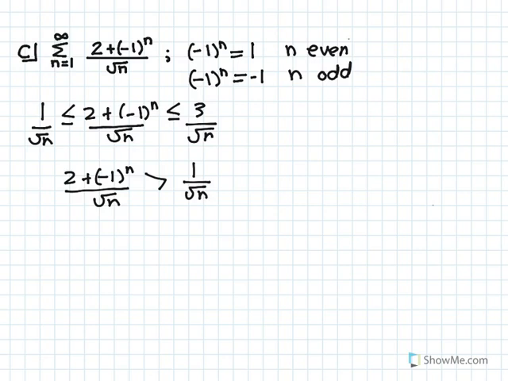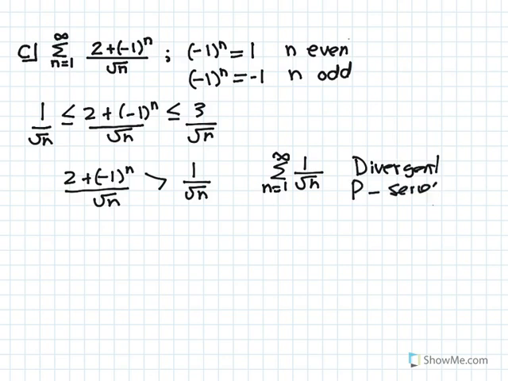But you will notice that 1 over root n is a general term of a divergent p-series, because summation 1 over root n, n equals 1 to infinity, is a divergent p-series. Why is it divergent? Because the exponent p is equal to 1/2, which is less than 1.